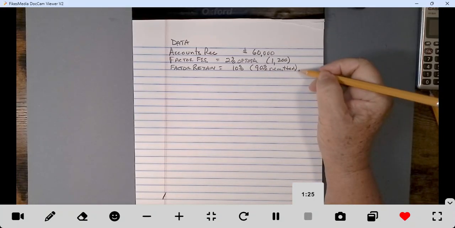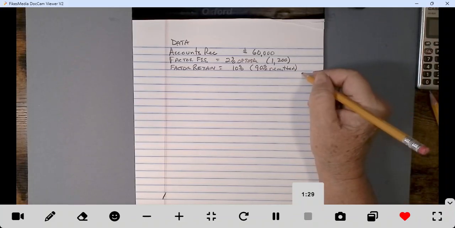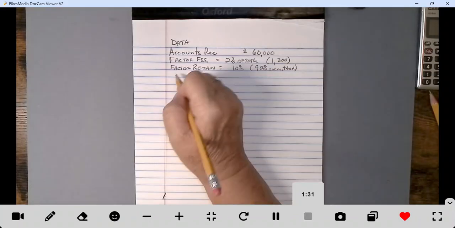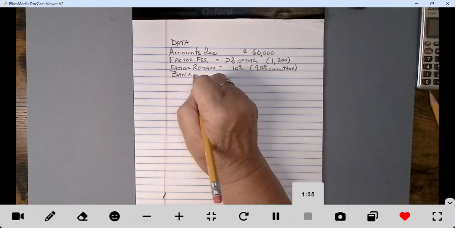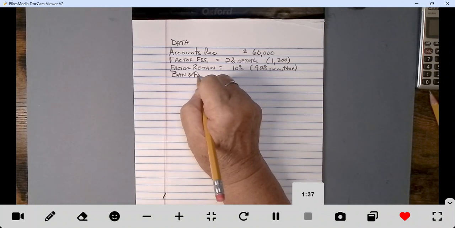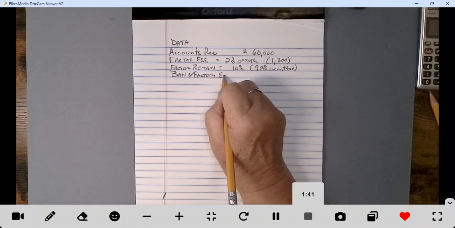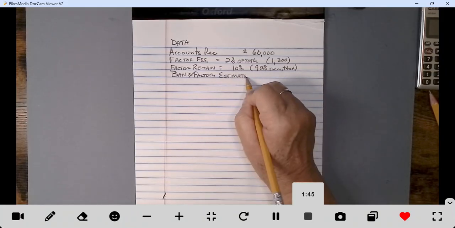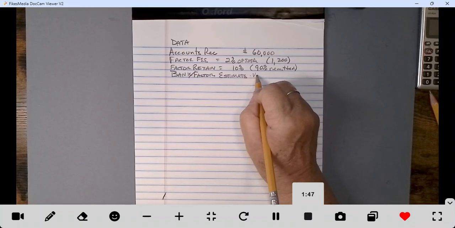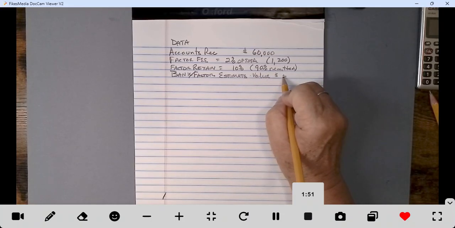These numbers can vary depending upon the risk of the accounts receivable and what the factor wants to assume. So the bank or the factor, it doesn't matter what the company name is, it has an estimate. So we're looking for the word estimate of the value of that retainage, and they think it's 5,000.